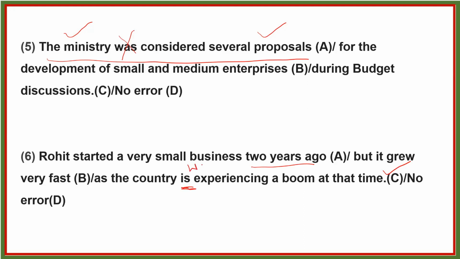Instead, was experiencing should be there. Once again I'll read for you. Rohit started a very small business 2 years ago, but it grew very fast as the country was experiencing a boom at that time.